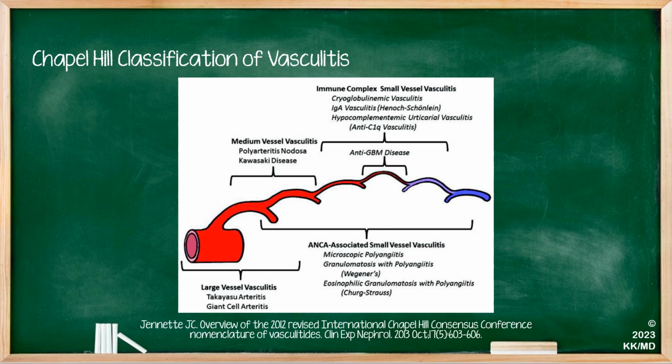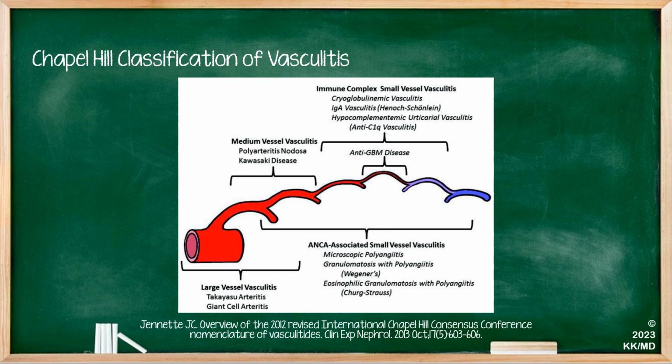So if we look on the extreme left-hand side, as you're viewing the screen, large vessels may be affected by conditions such as giant cell arteritis and Takayasu arteritis. We then have the medial vessel vasculitides, which include polyarteritis nodosa and Kawasaki disease.